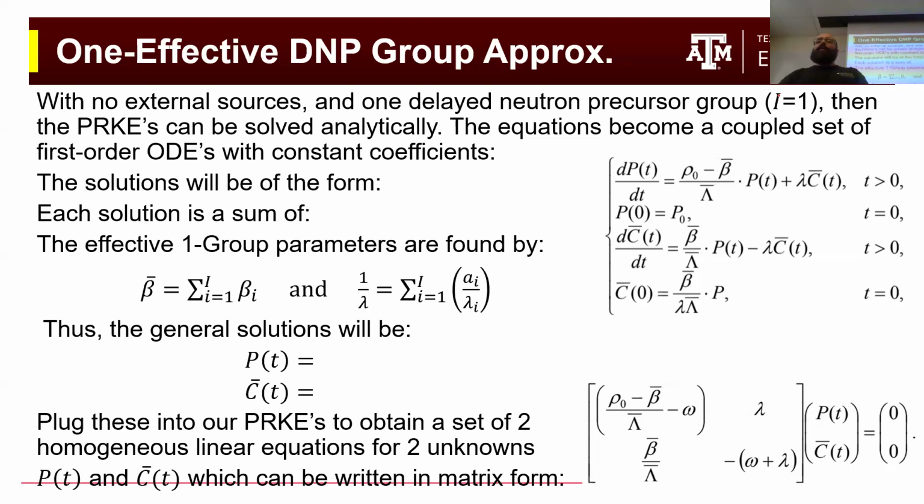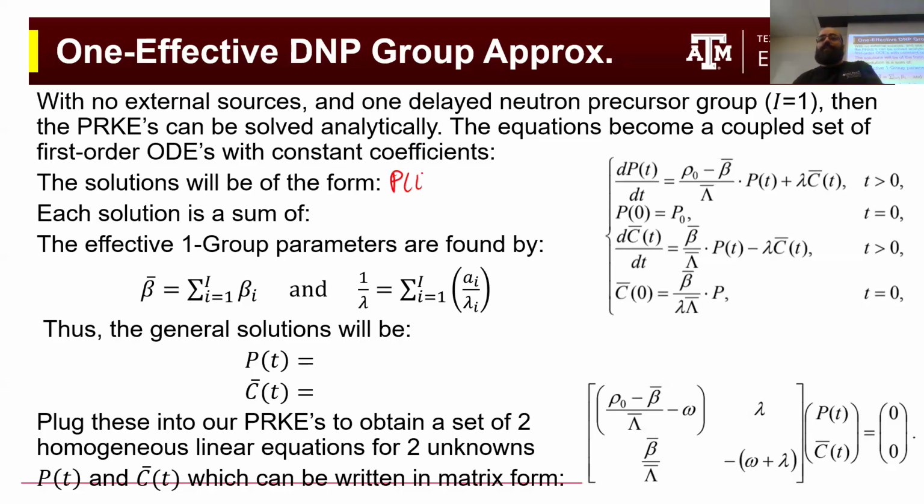So if big I equals 1, then we know the equations are still coupled ordinary differential equations. One solution is P of t, the other solution is C of t. The solutions are still going to be the same form, a sum of exponentials.